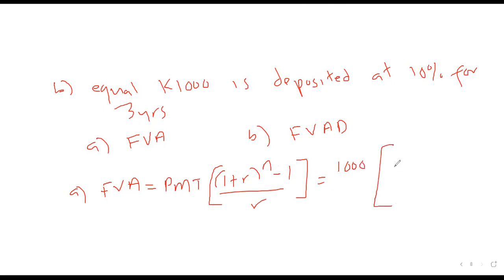Then 1.10, that's the interest rate, to the power 3, minus 1, over the interest rate only, 0.10. So when you compute that, you're going to have 1,000 here, and what is in the brackets will give you 3.3.